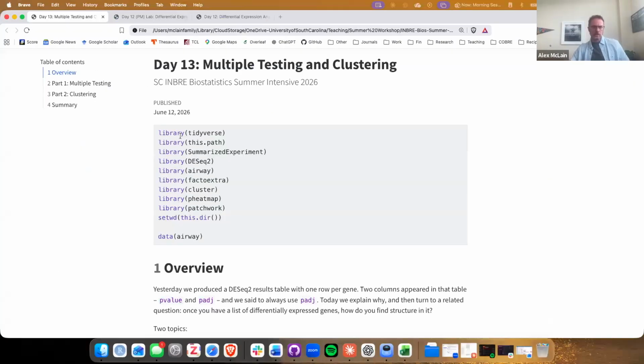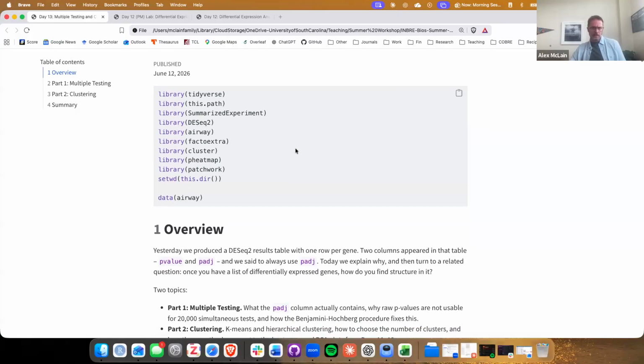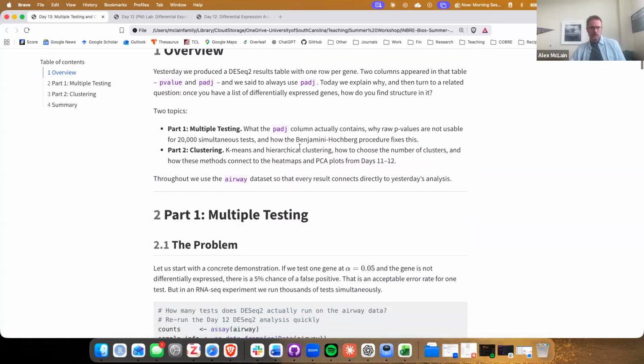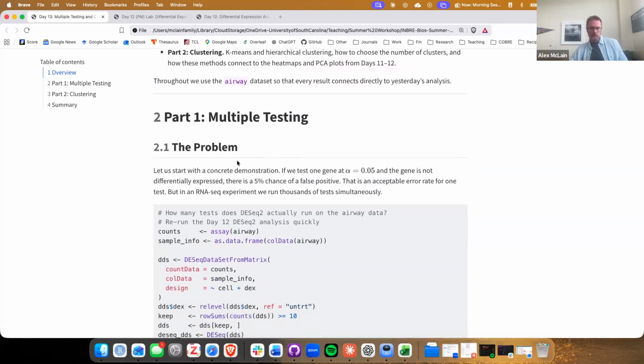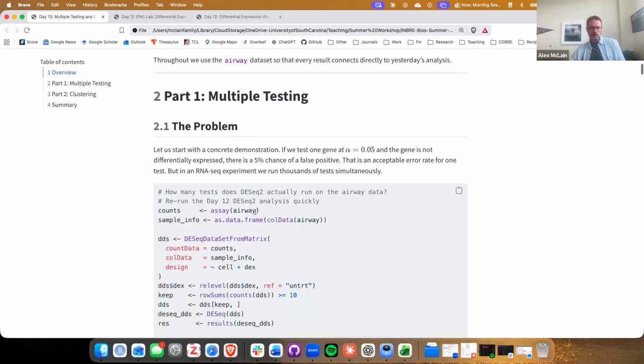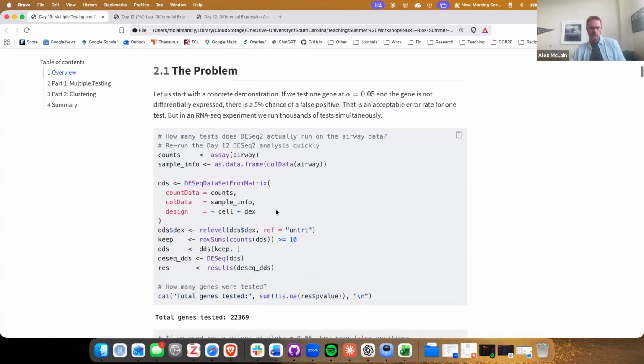So to look at this, let's go to the HTML document for today. This is going to start with a demonstration of this idea with the airway data set that we've been using.